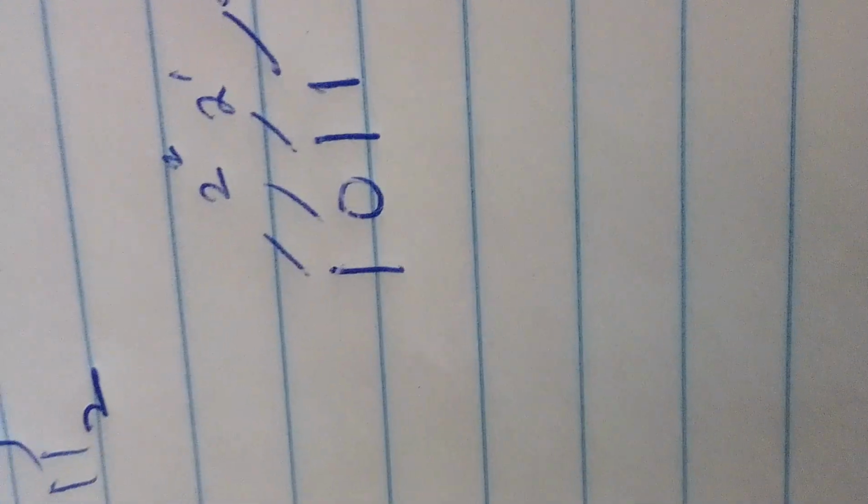So how do we convert from the decimal number system to the binary number system? The procedure is very simple. Take the number, let us say you want to convert 7 into zeros and ones, or 7 into the binary number system.